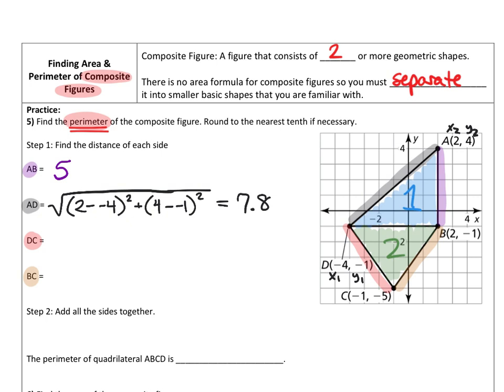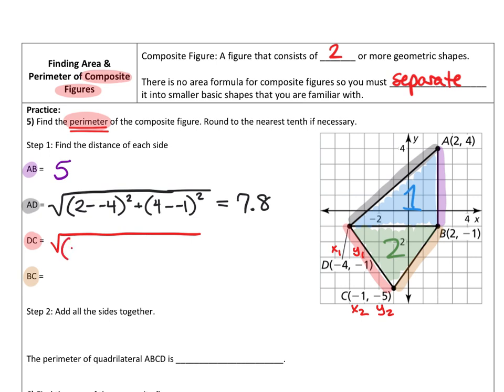For DC, we would also need to use the distance formula. This time, my coordinates are x2, y2, and x1, y1. Again, look at how confusing your labeling is already if you're not using multiple colors. I would recommend erasing what you used before so you don't get confused.